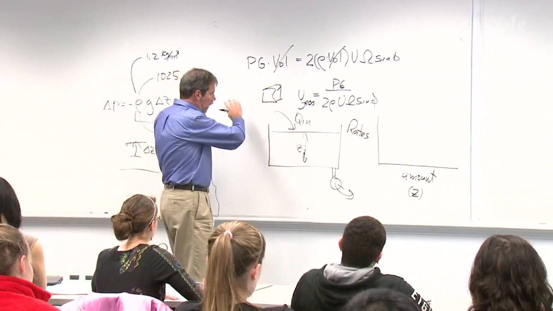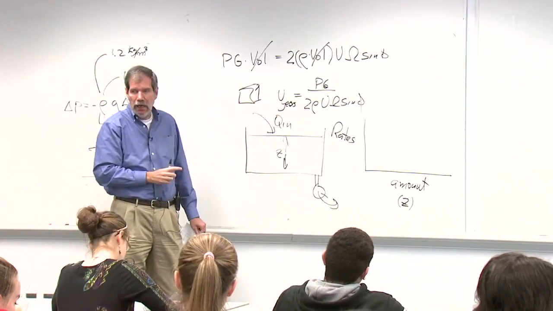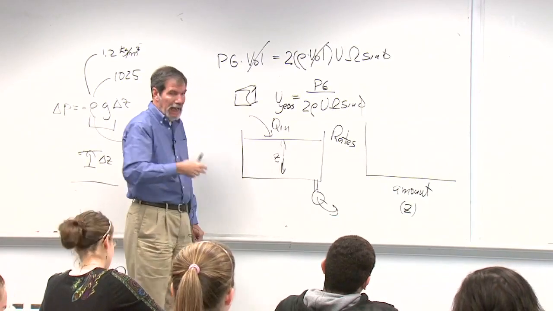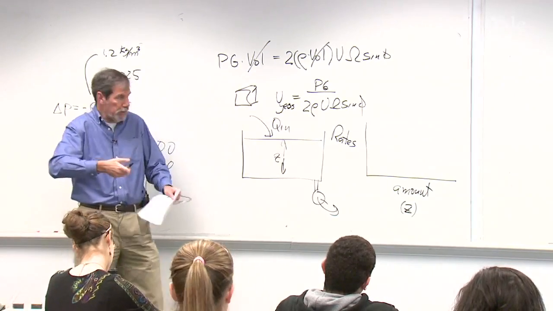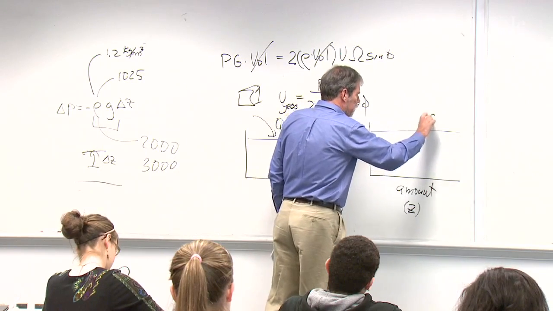For example, if I'm putting a certain amount of water into this tank per unit time, that doesn't depend on how much water I have in the tank. This is just, how much water am I squirting into the tank per unit time? So that is a constant. That's the rate of inflow.